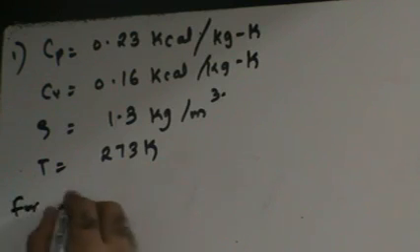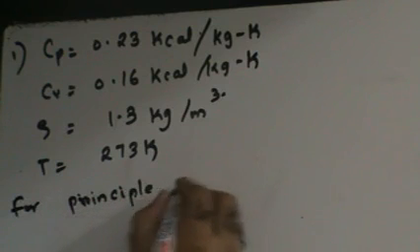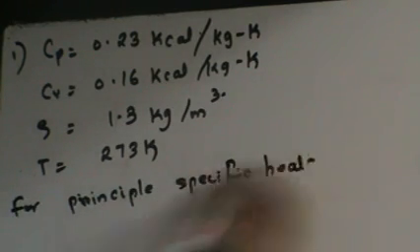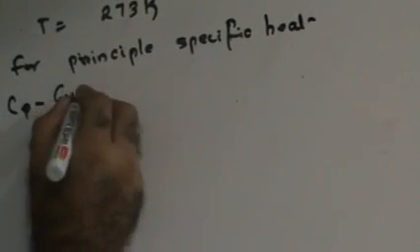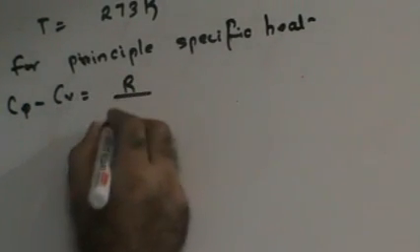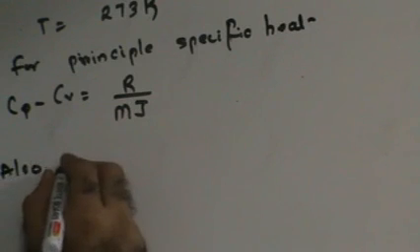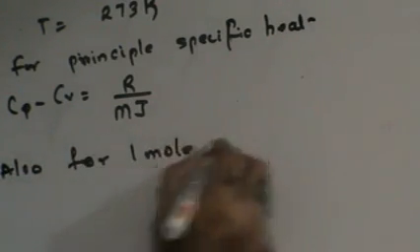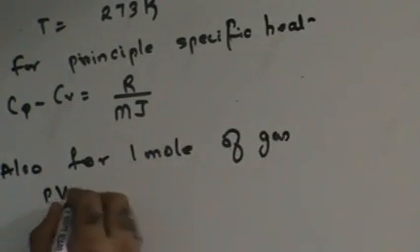Now I can say for principal specific heat, Cp minus Cv is nothing but R upon Mj. I can say also for 1 mole of gas, PV is equal to RT.